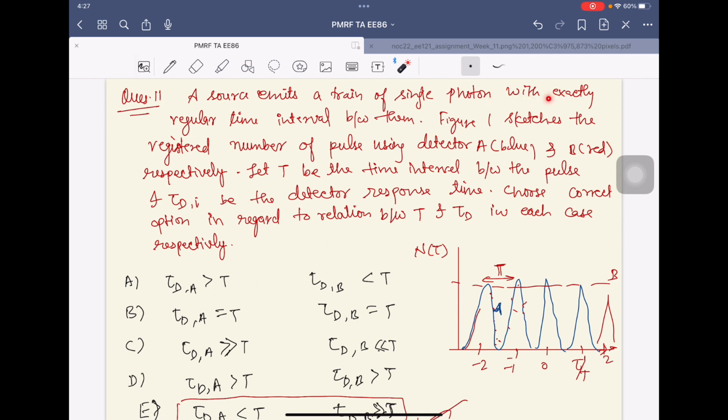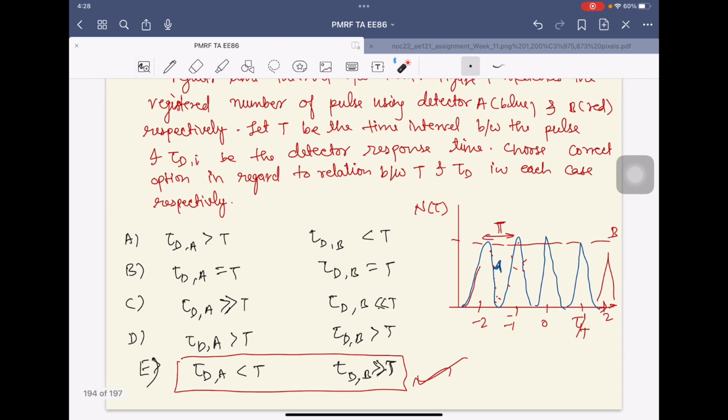Okay, in the same fashion, the next question, 11: a source emits a train of single photons with exactly regular time interval between them. Figure 1 sketches the registered number of pulses using detector A, blue line, and B, red, respectively. Let t be the time interval between the pulses and tau d be the detector response time. Choose the correct option regarding the relation between t and tau d in each case.